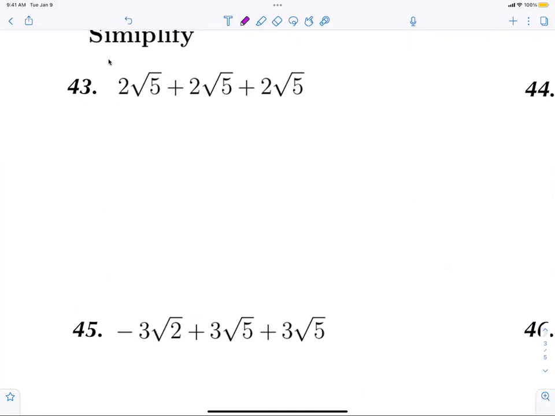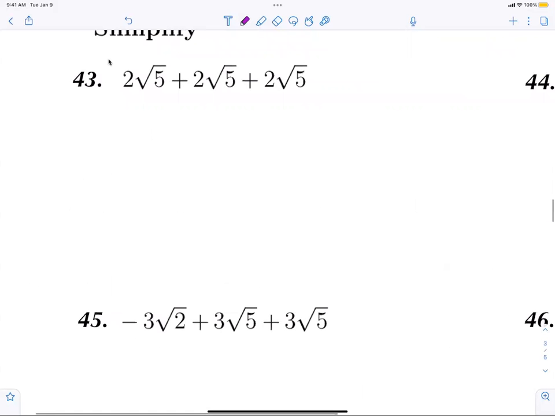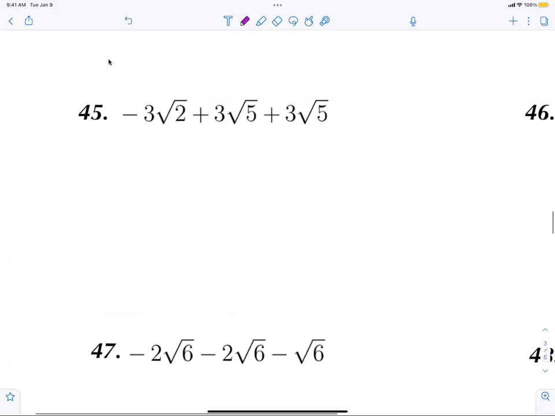How many radical fives do I have all together? How many? 6. The answer is 6 radical 5. Remember, the number in front tells you how many of these you have. 2 radical 5 plus 2 radical 5 plus 2 radical 5 is 6 radical 5. All right. Now, can I do anything with the 3 radical 2?